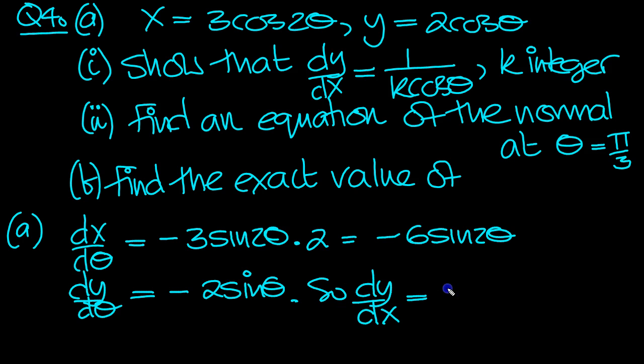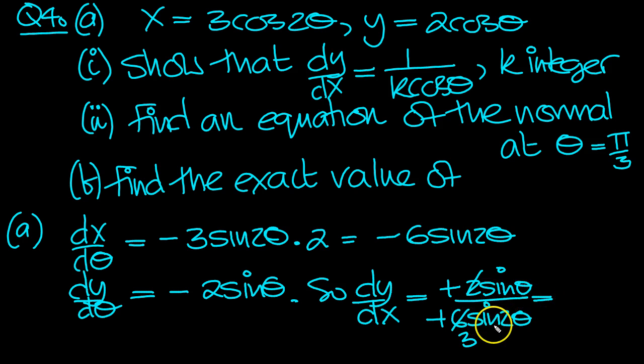So, dy dx then is dy d theta divided by dx d theta. So this goes on top, minus 2 sine theta, over minus 6 sine 2 theta, isn't it? So here the minuses will cancel, and the 2 will cancel into 6 3 times.